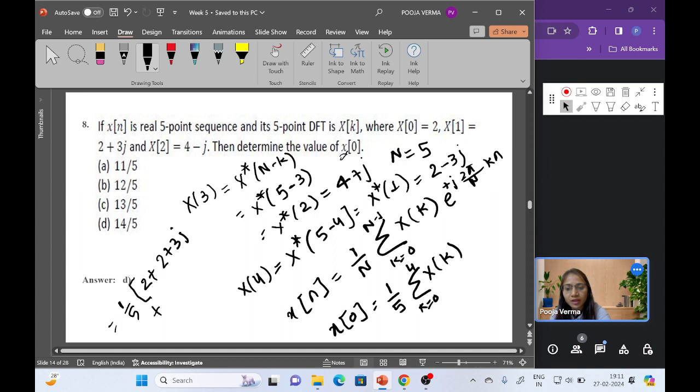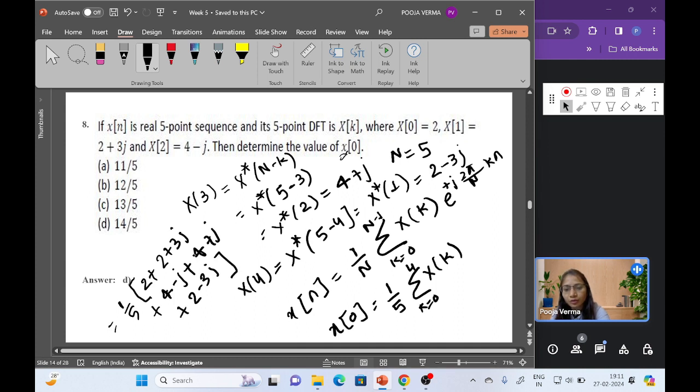If we put k is equal to 2, the value is 4 minus j, plus the value of X of 3, which we found out is 4 plus j, plus X of 4. If we put k is equal to 4, what we find is 2 minus 3j.